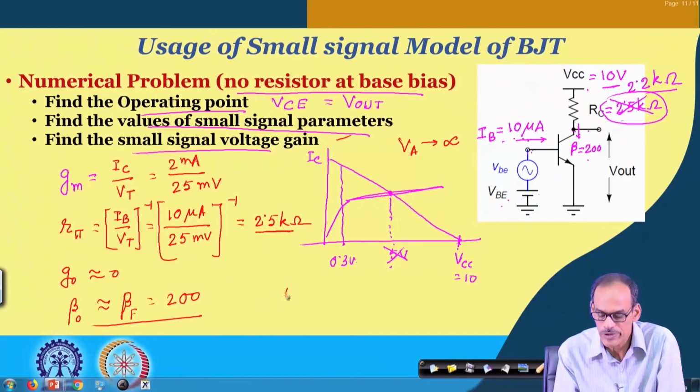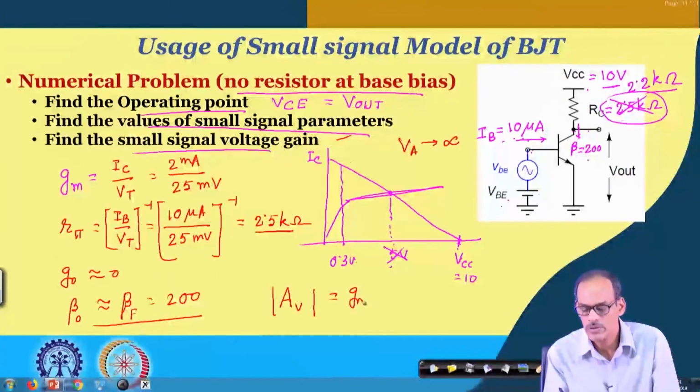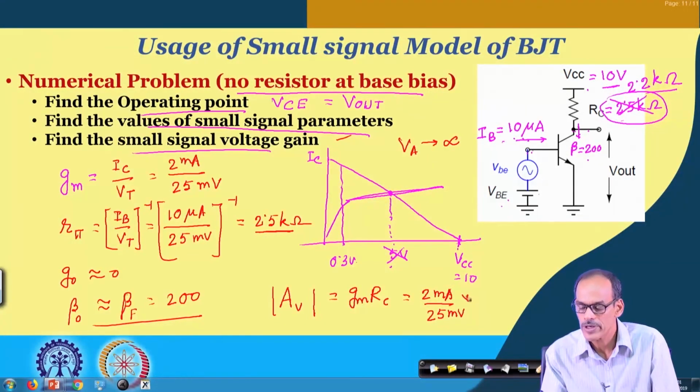The small signal voltage gain, if I consider magnitude, is gm into Rc, and gm into Rc is 2 milliampere divided by 25 millivolt multiplied by 2.2 kilo ohm.